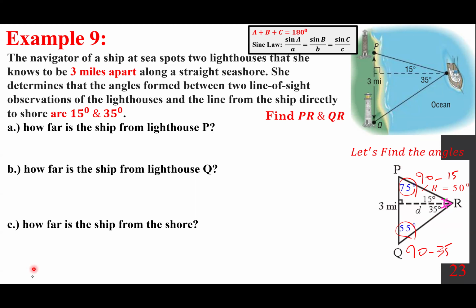Let me erase my work so it becomes clear. So we have this one to be 50 degrees. And so sine of 50 degrees over PQ, which is 3, is sine of 55 over PR, which is missing.